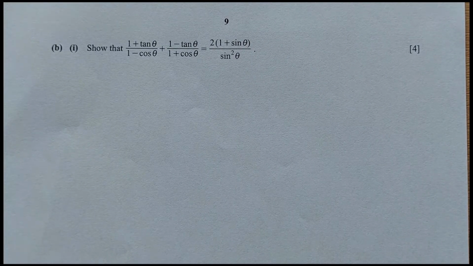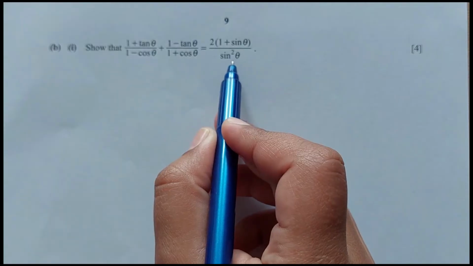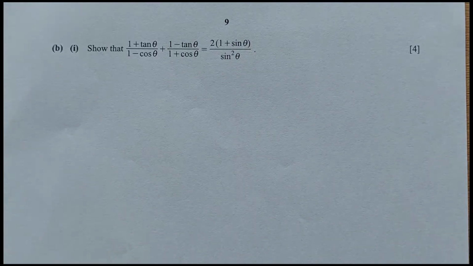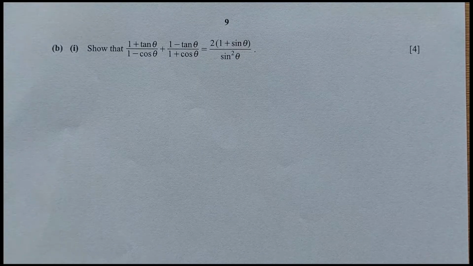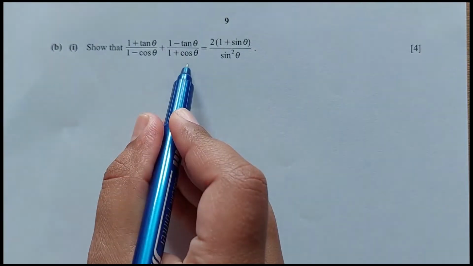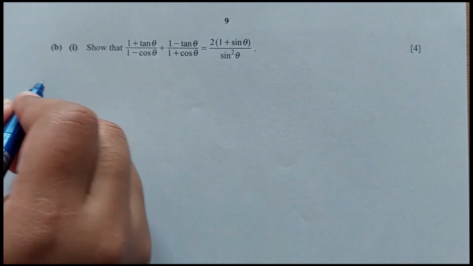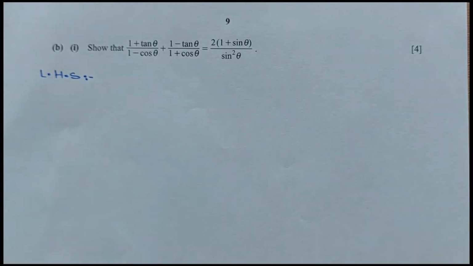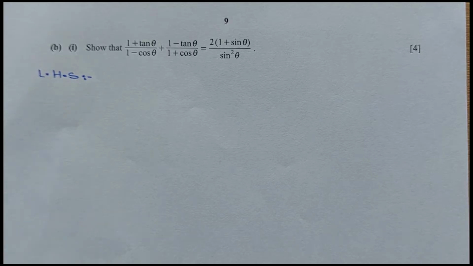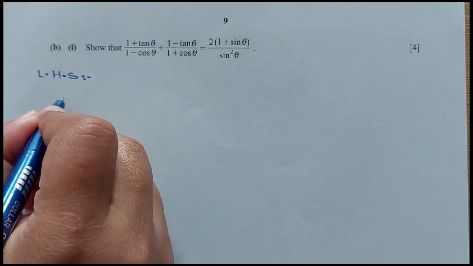Part B, show that this equals this. So we need to prove the identity. Okay, so let me start from the left hand side and prove the right hand side. Let me take the LCM first.